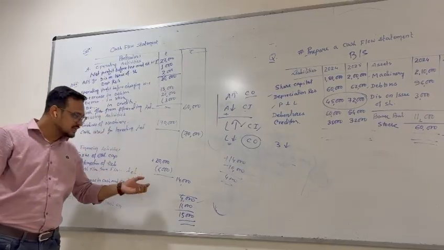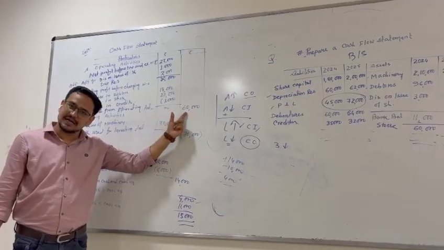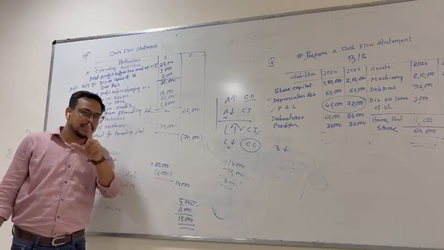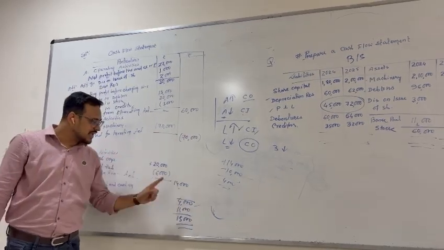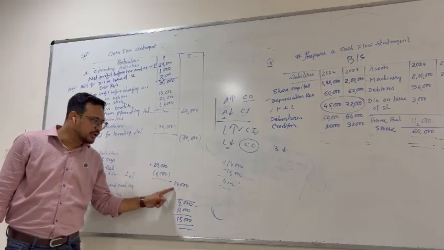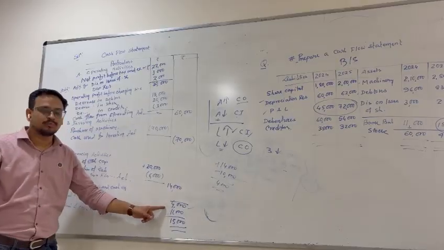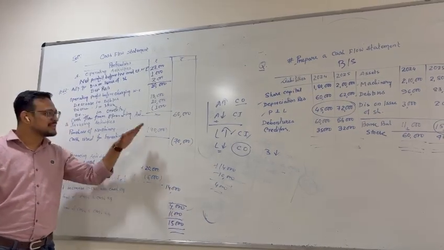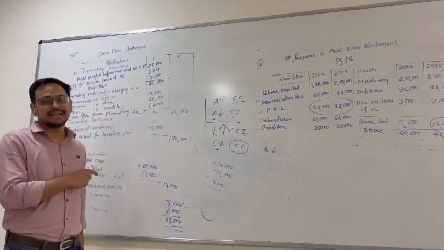Everything we analyzed, and at the end we can see from operating activities 60,000, from investing activities minus 70,000, it means 60 minus 70 is minus 10, and financing plus 14, minus 10 plus 14 is plus 4,000. See the flow, plus 4,000. Okay. So this is our one problem. The first problem we have completed regarding the cash flow statement.